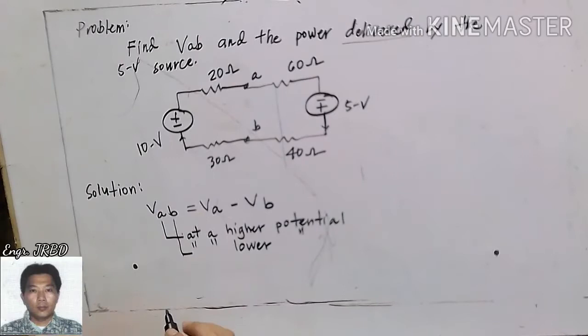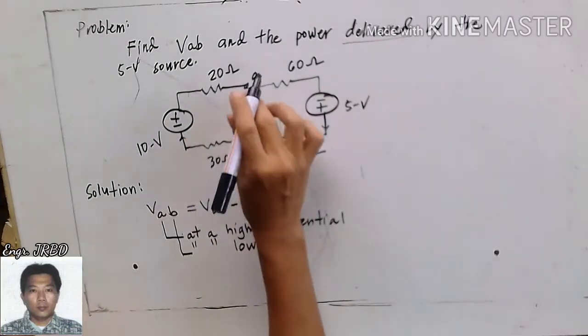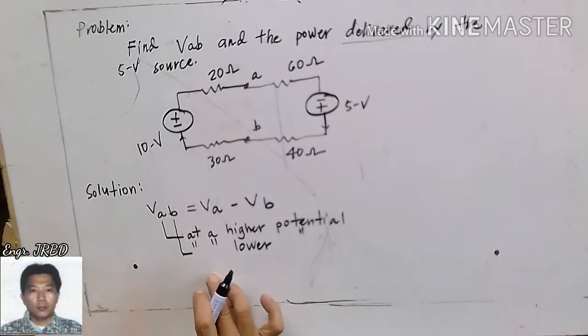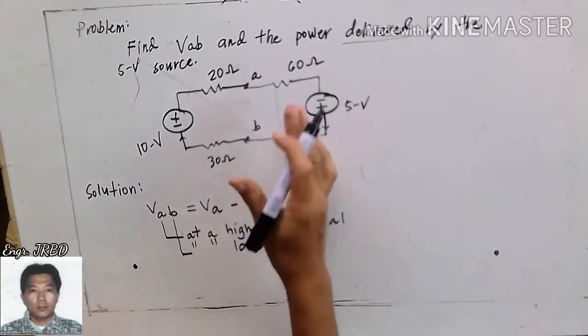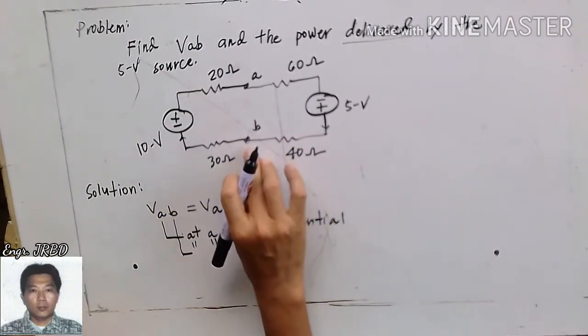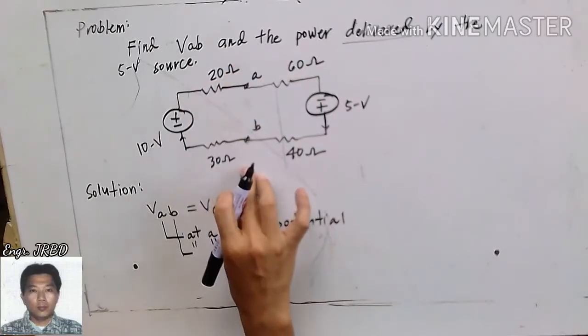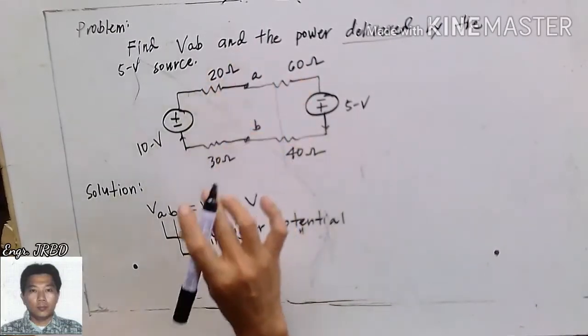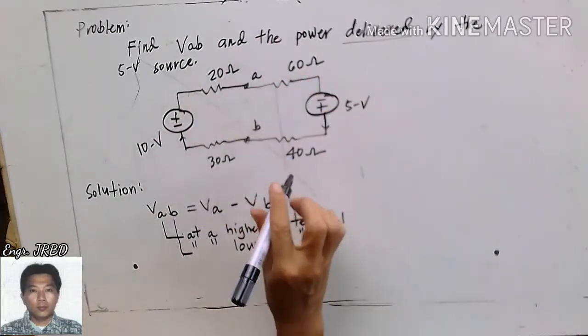In electrical engineering, it is assumed that the flow of current will take place from terminal A to terminal B in this present setup. And if ever it is reversed, for example, terminal B is higher than terminal A, then the current will be from B to A. But in this case, it is from A to B.